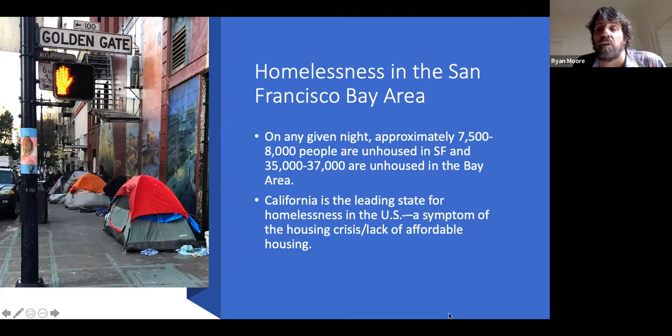And this is, again, across the state. California has become the leading state for homelessness in the United States. And this is a real visible symptom of this larger crisis.